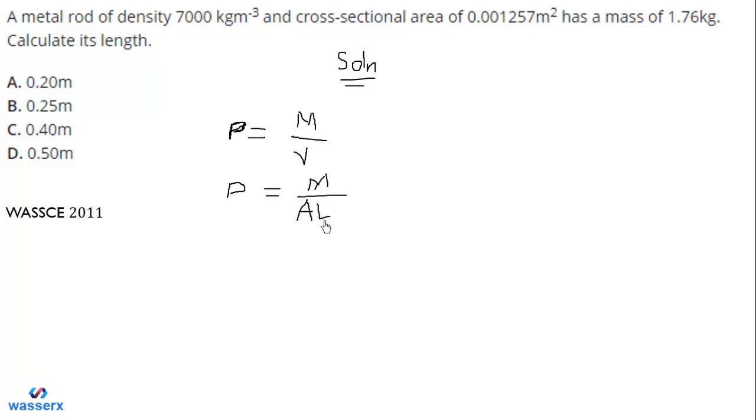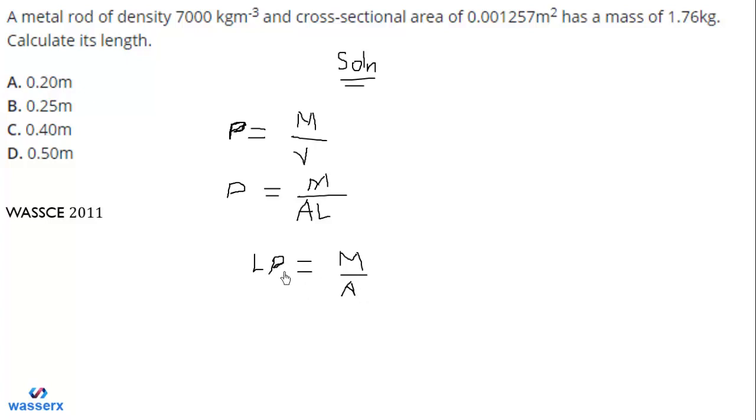We can make the length the subject when we multiply both sides by L, and that will give us length times rho is equal to mass over area.